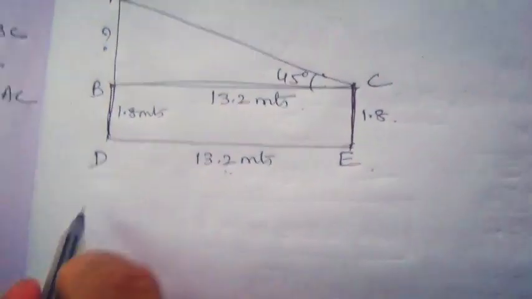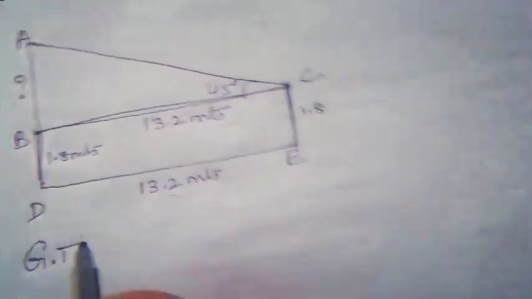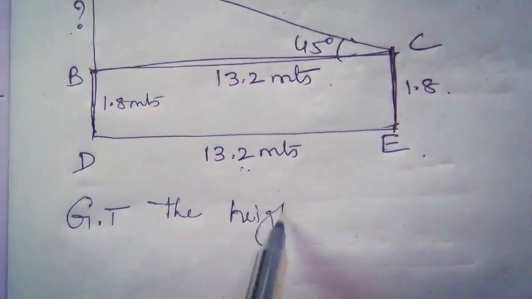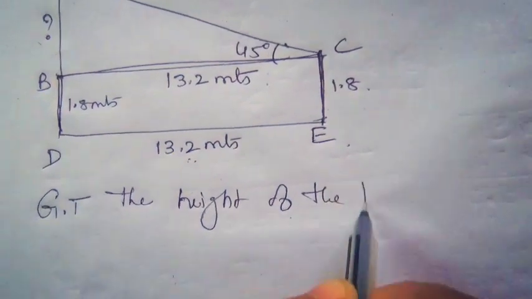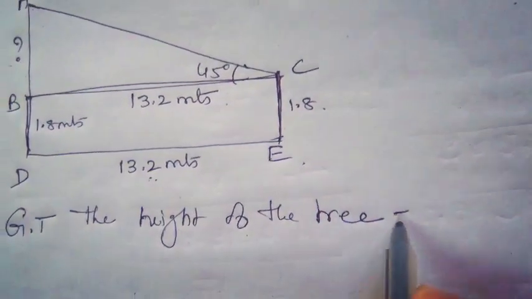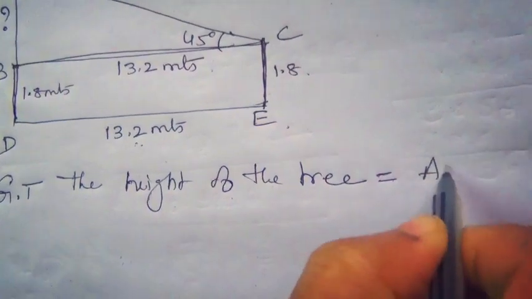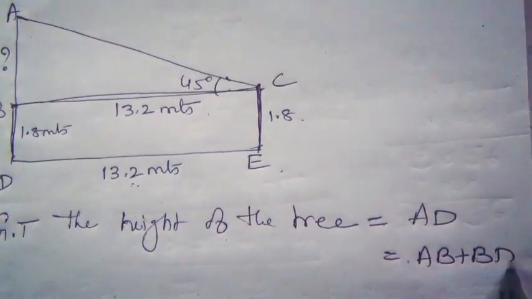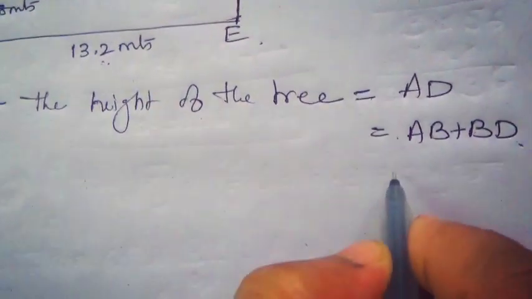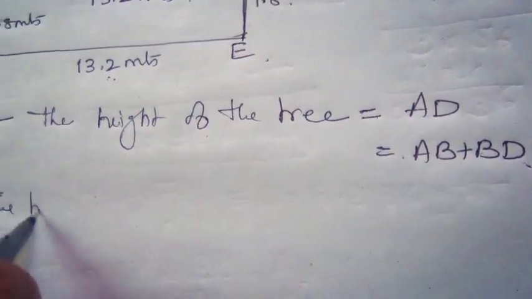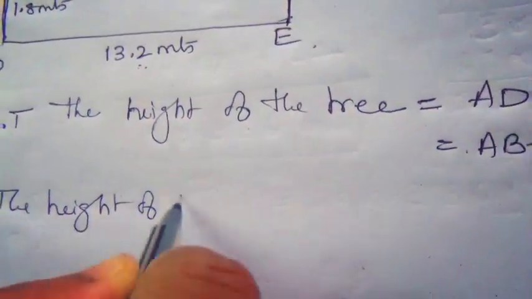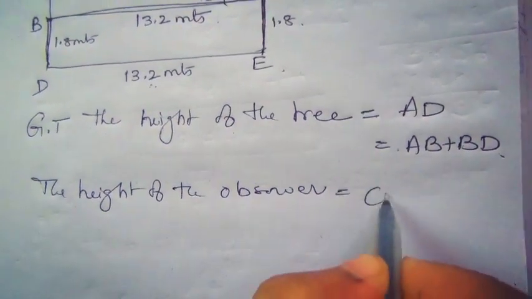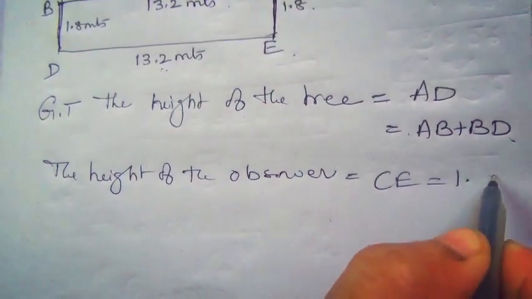Now, given that the height of the tree is equal to AD, that is AB plus BD. The height of the observer is equal to CE is equal to 1.8.